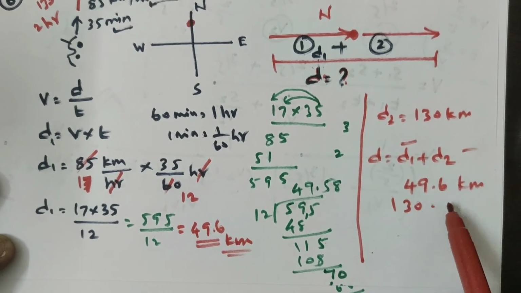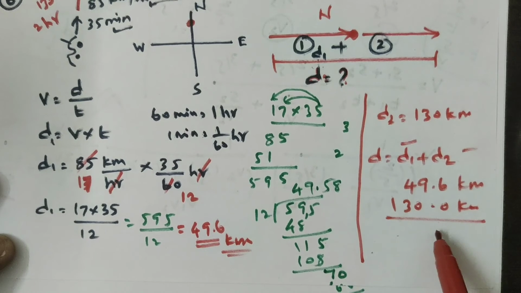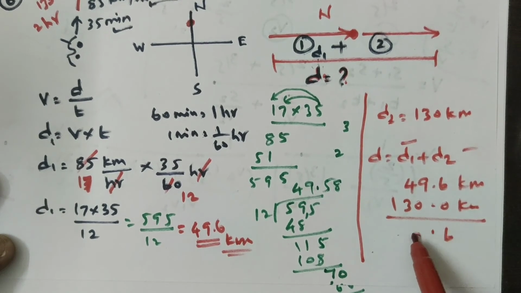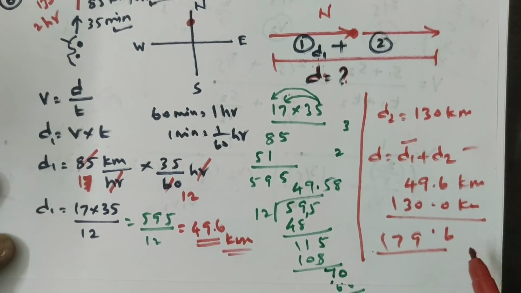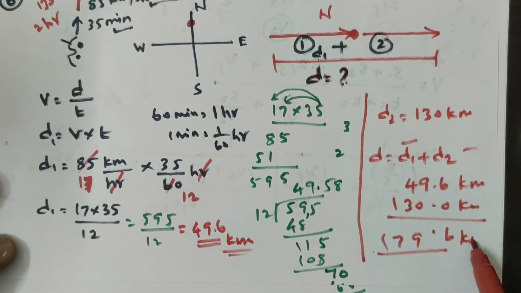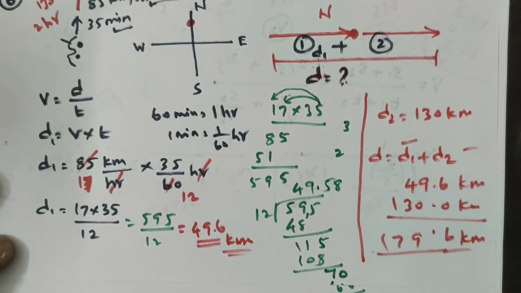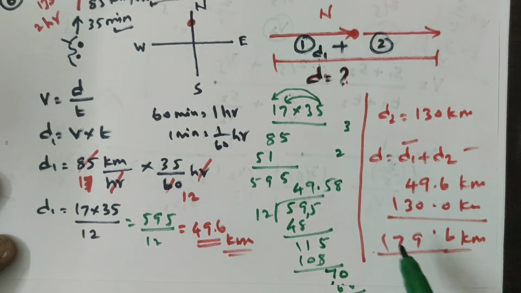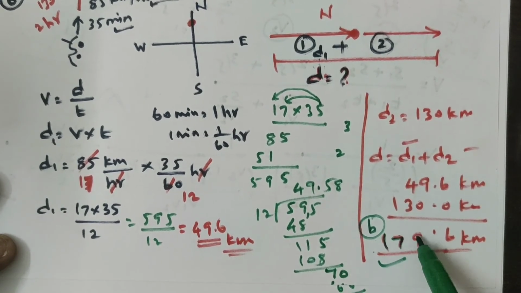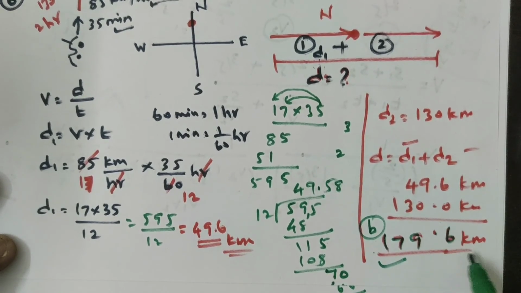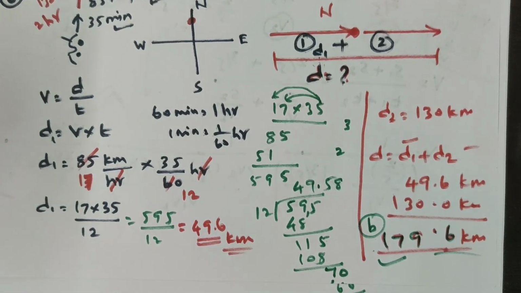So the total is 179.6 kilometer. This is the answer. This option matches option B, 179.6 kilometer. That is the total displacement.